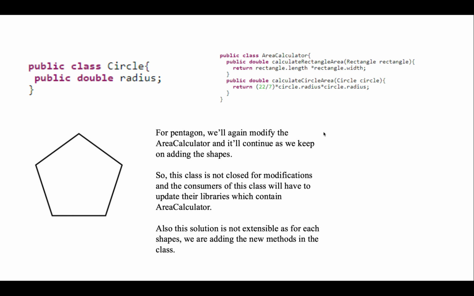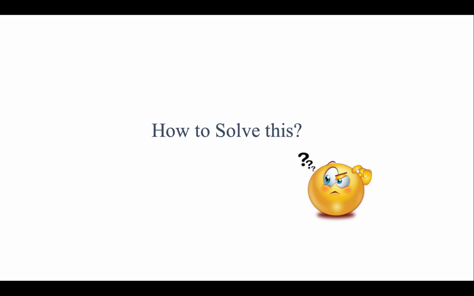Whenever we are adding a new shape, we have to go ahead and add the utility for that class, and the consumers of this class will have to update their libraries which contain the area calculator class whenever we are changing it. So this is not a good practice. Also, this solution is not extensible, as for each shape we are adding new methods in the class. So how to fix this?